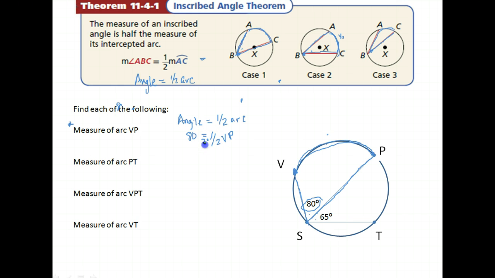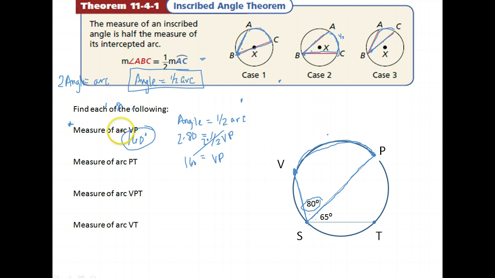If we multiply by 2 to get rid of that 1/2, VP would be 160. If you want to make your notes even more detailed, you can say not only is the angle half of the arc, but if you're trying to find the arc, it's 2 times the angle. That just comes from solving equations.